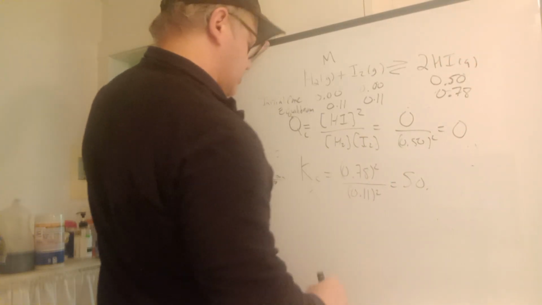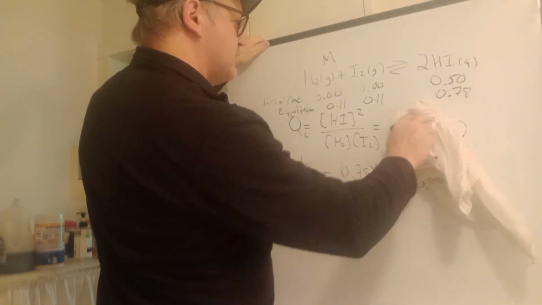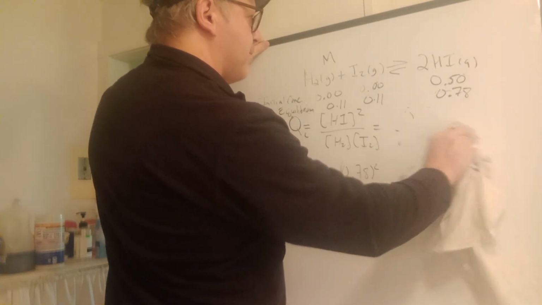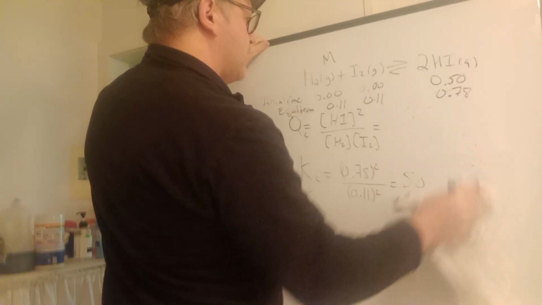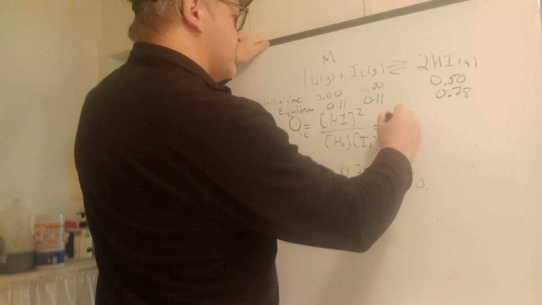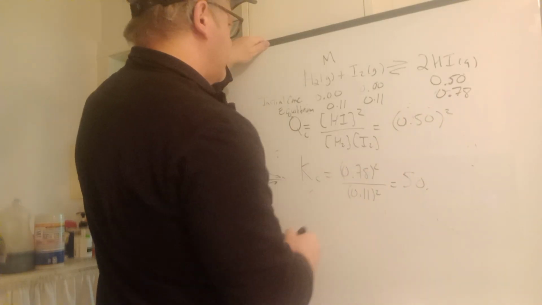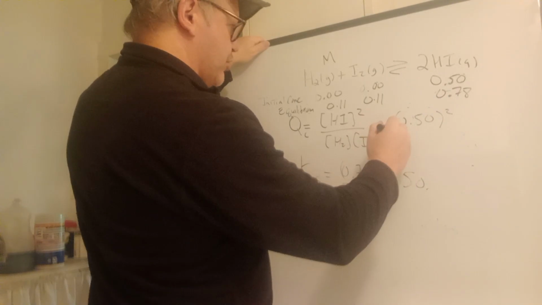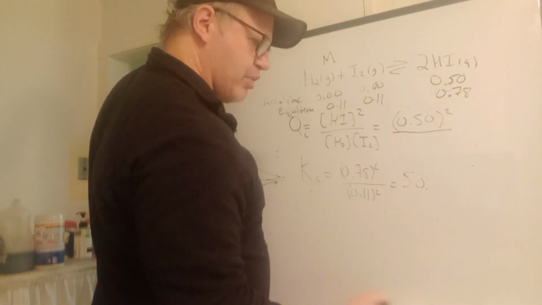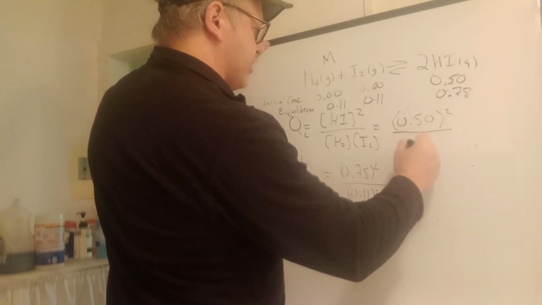So in that case, for Q when we set up the experiment, we have 0.50 squared over 0 times 0, which is 0.